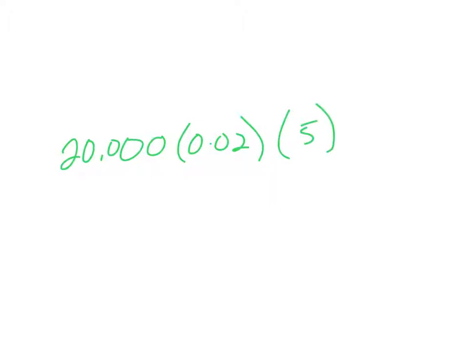Then 20,000 multiplied by 0.02, multiplied by 5 years, you're only going to pay $2,000 in interest. So over the life of the loan, you'll have to pay back $22,000. That's how loan companies get their money, is those interest rates. So obviously always the lower the better.